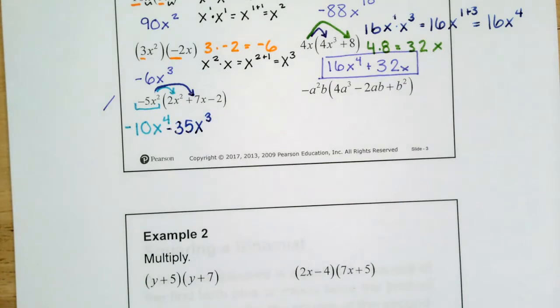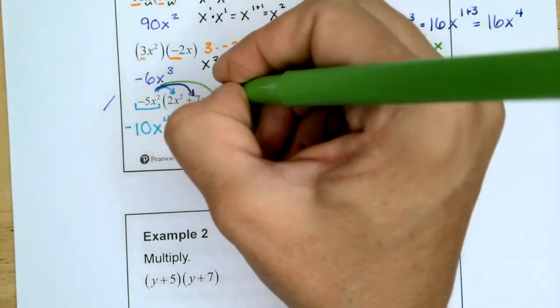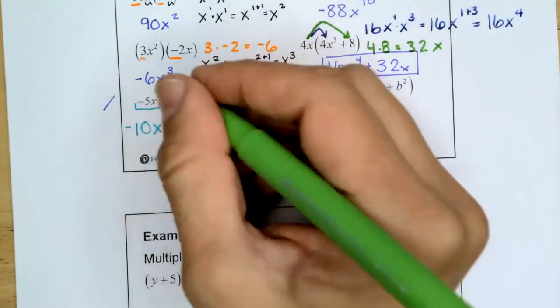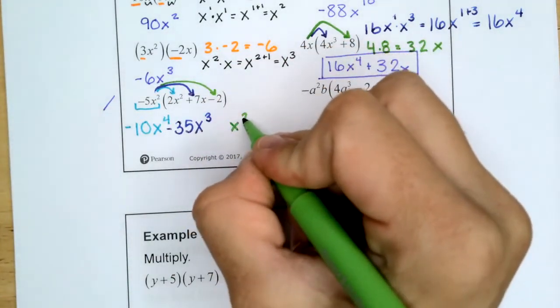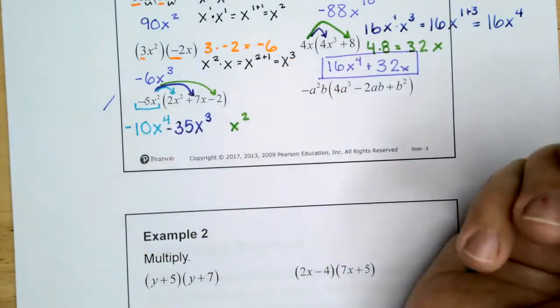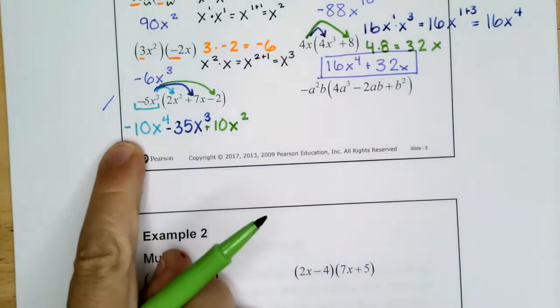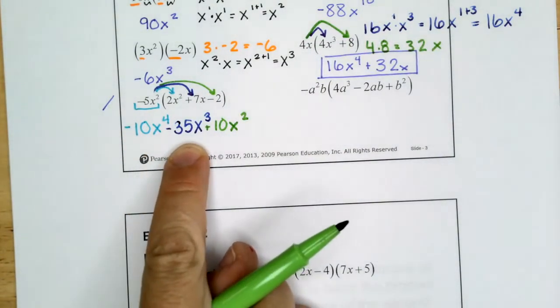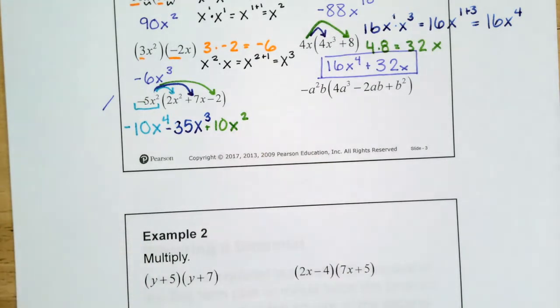And finally, we will do that negative 5x squared times a negative 2. So x squared, negative 5 times negative 2 is actually a positive 10. So we have negative 10x to the 4th minus 35x cubed plus 10x squared. And that is our final answer.